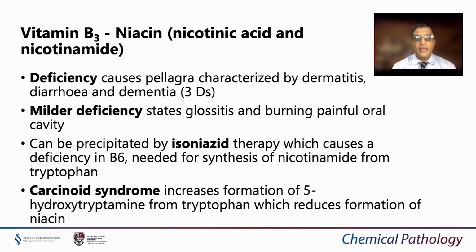Deficiency can also be precipitated by disruption of a minor pathway involved in the production of niacin. This occurs via the metabolism of tryptophan, which is used to form the B3 vitamin. Drugs, for example isoniazid, or disease states like carcinoid syndrome or Hartnup disease, can disrupt the formation of nicotinamide and niacin via this pathway, and consequently patients present with B3 deficiency.